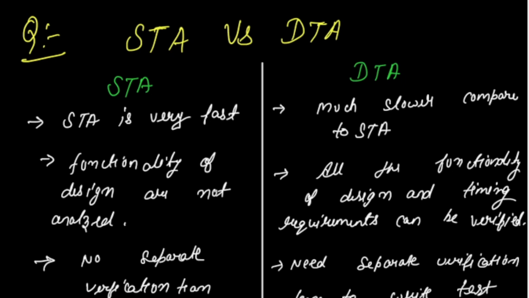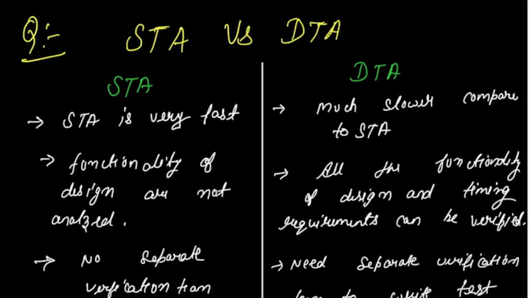We do not check whether the design is working fine or not. It will only do the timing analysis of that design. In DTA, all the functionality of the design and timing requirements can be verified.